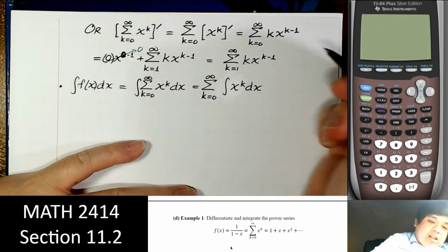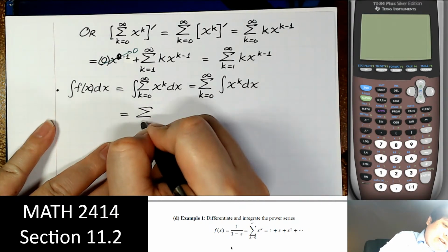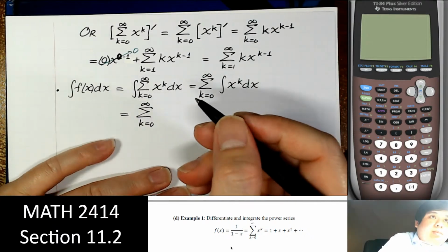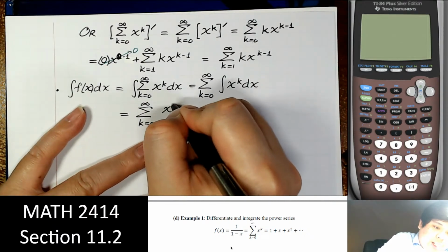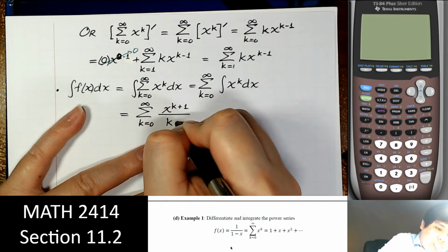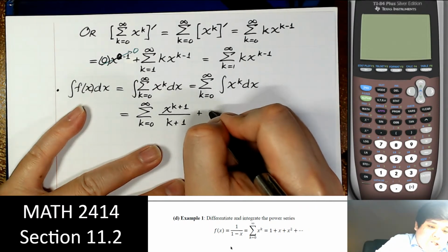And the integral of x to the k is x to the k plus 1 over k plus 1, and then plus a constant c.